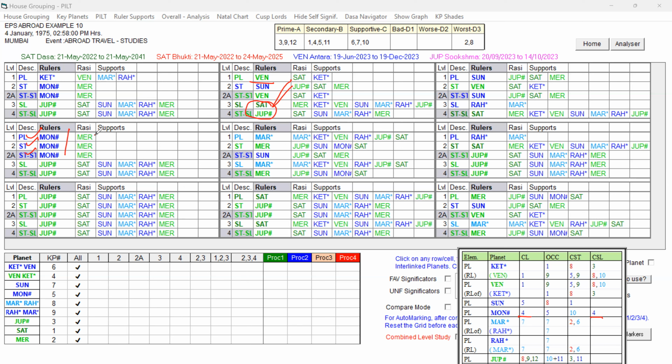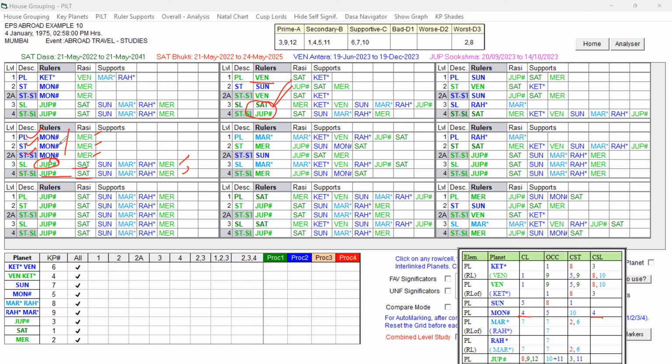This is further supported by Mercury, a generally favorable key planet, and Jupiter is also present. The key planet of the Bhukti lord, Jupiter, is present, and Saturn is present. Jupiter and Saturn are playing.